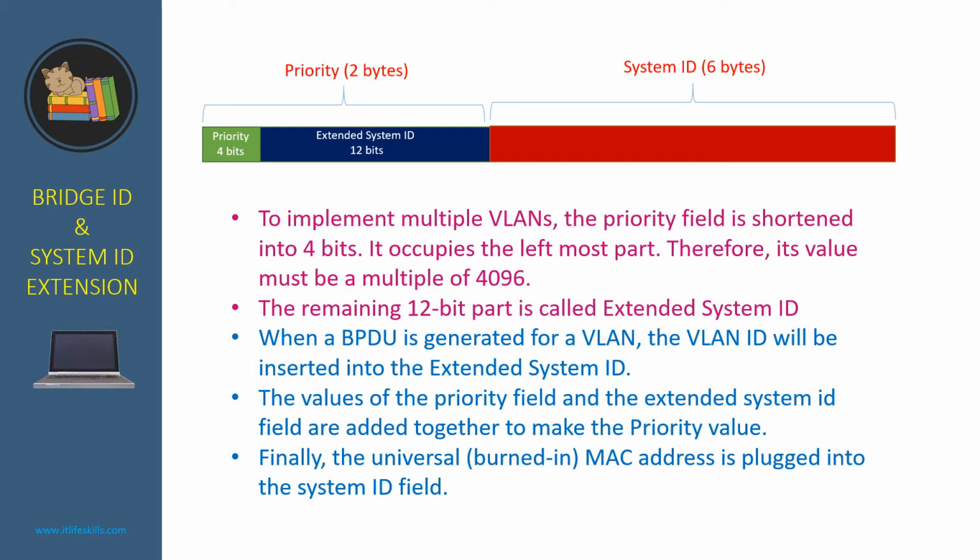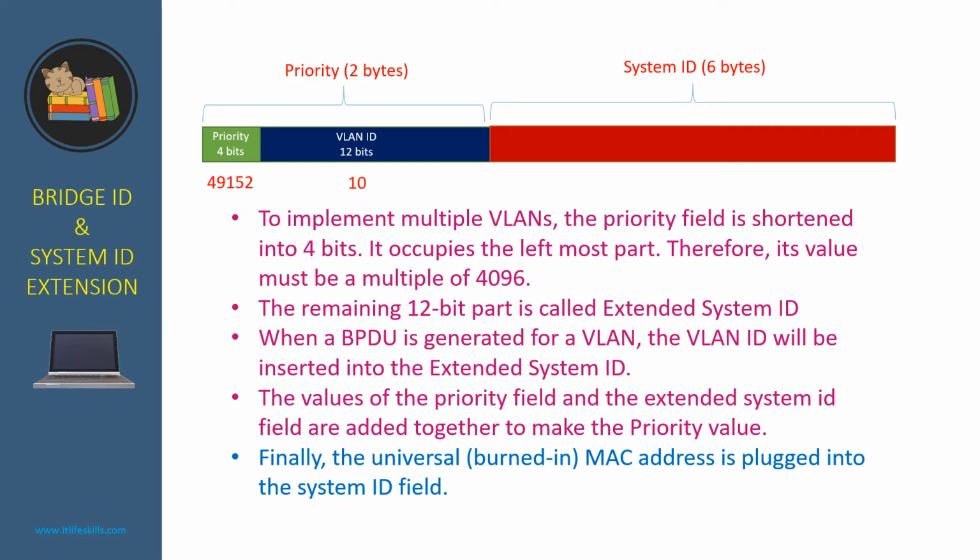When a PPDU is generated for a VLAN, the VLAN ID will be inserted into the extended system ID. The values of the priority field and the extended system ID field are added together to make the priority value. For example, we configure the priority of a switch as 49152.